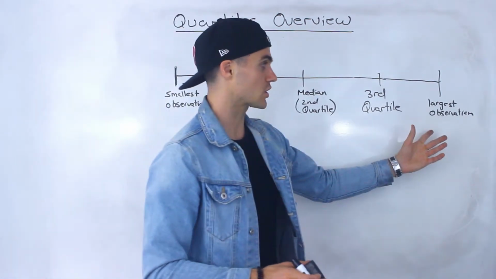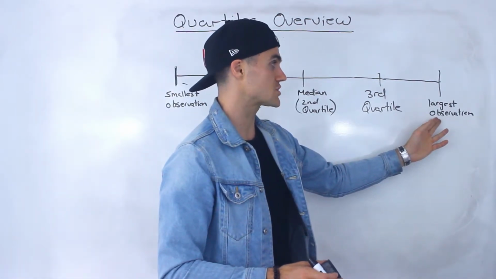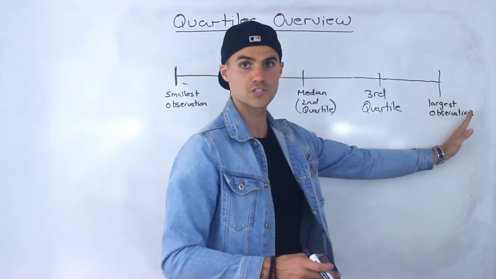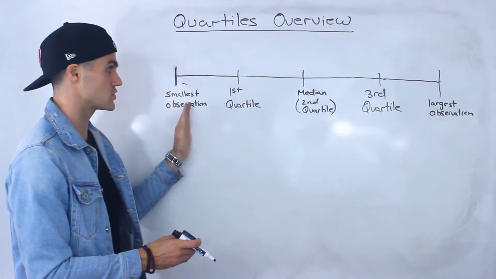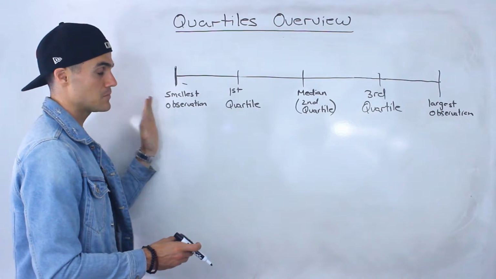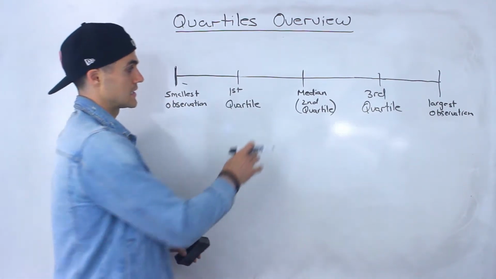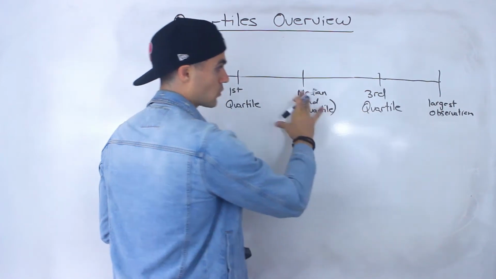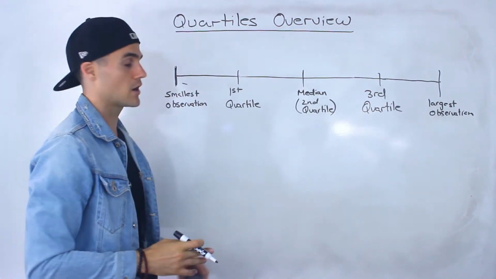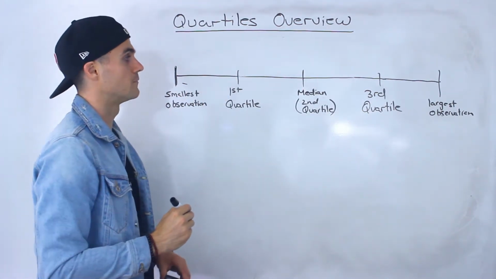So the whiskers are going to change. This largest observation may be pulled more to the right, or this smallest observation may be pulled more to the left. But these values here, these quartiles, aren't going to change much, if they even change at all.